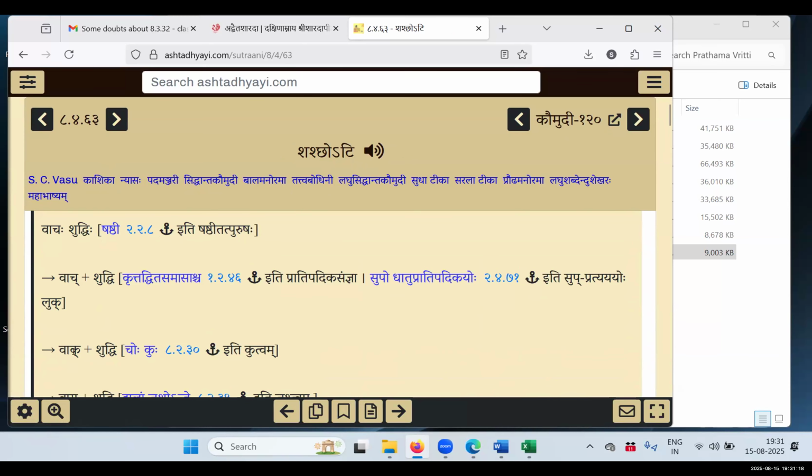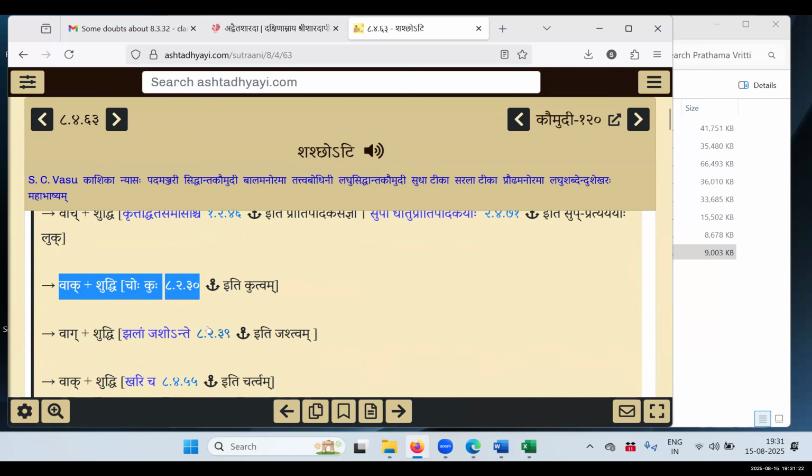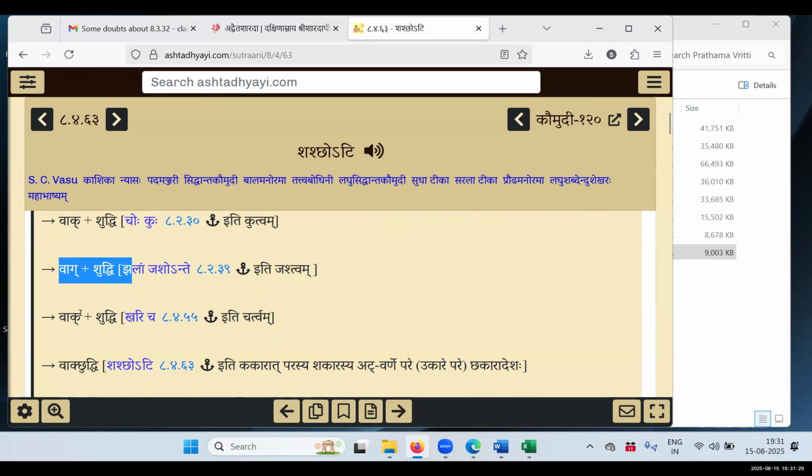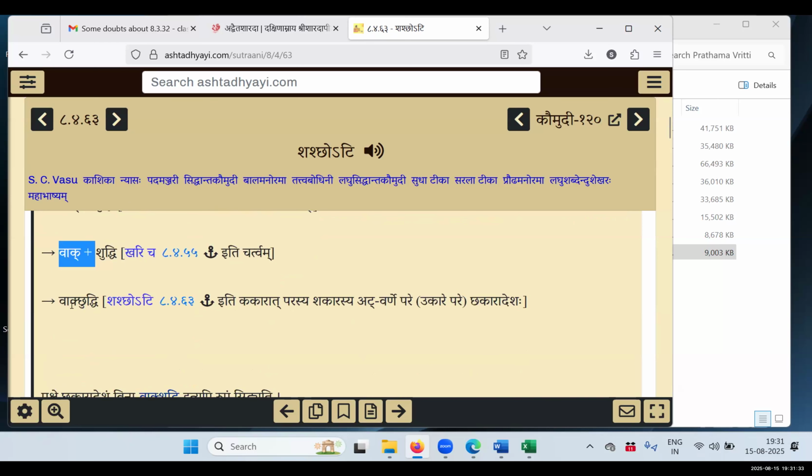See here, vag won't come because choho kuhu will come first. Then jalam jatam ante should apply. Vag shuddhihi. Then kharicha, Vach, Vak again came back. Vak shuddhihi. Then what? Vak chuddhihi. Okay, that's our example.